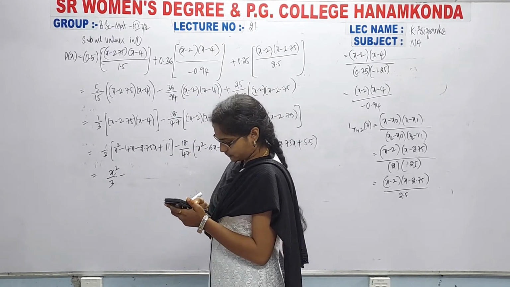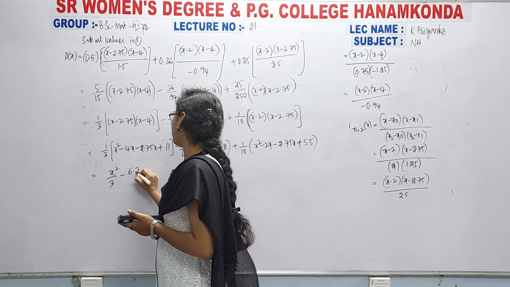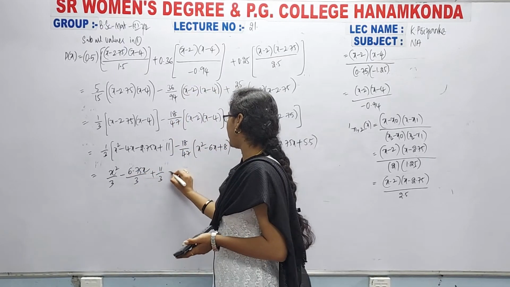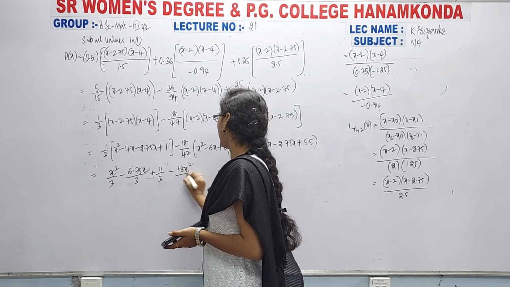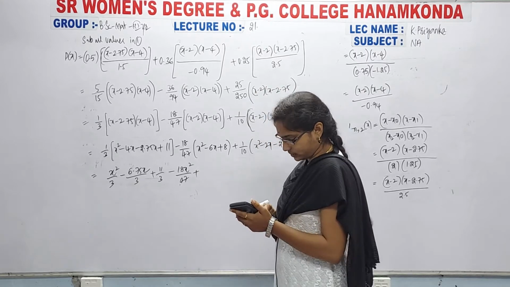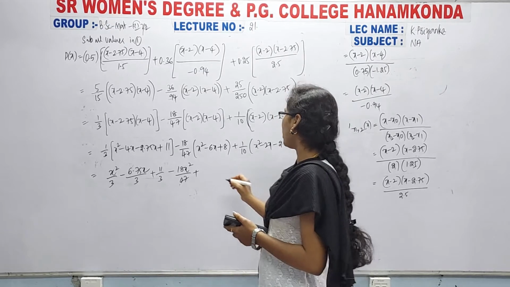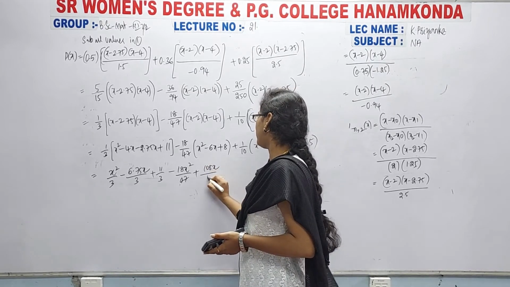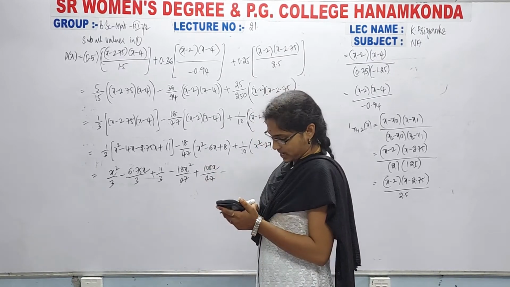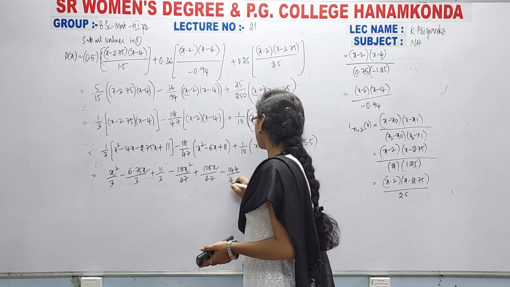So minus 4 minus 2.75, minus 6.75 x by 3 plus 11 by 3, minus 18 x square by 47, and minus into minus plus, here 18 into 6, 108 x by 47 plus, sorry, minus plus into minus, minus 18 into 8, 144 by 47.